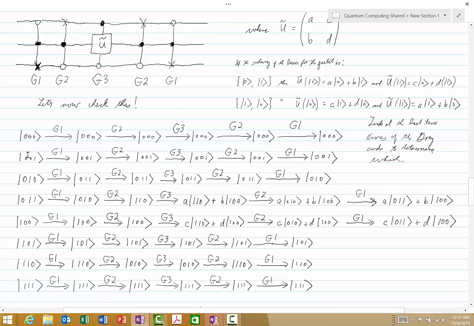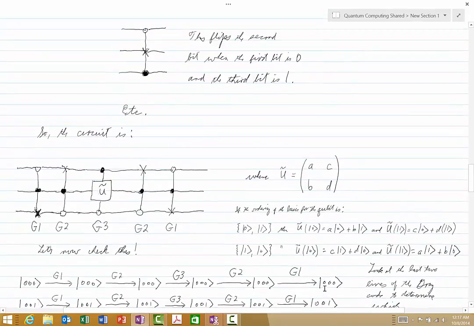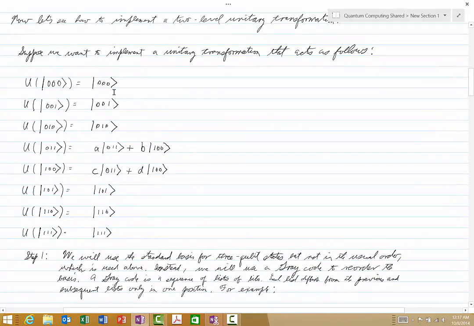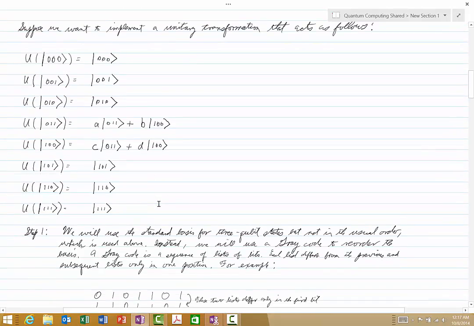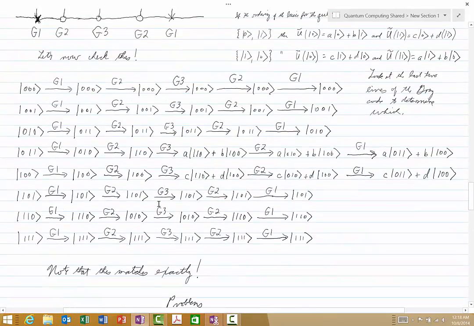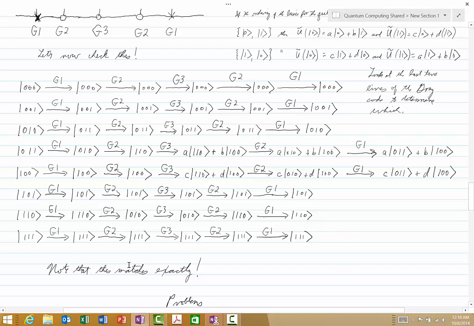And now if you compare the extreme left-hand side of this chart with the extreme right-hand side of this chart, you will see that indeed this circuit is acting in exactly this way. So, as noted here, note that this matches exactly.